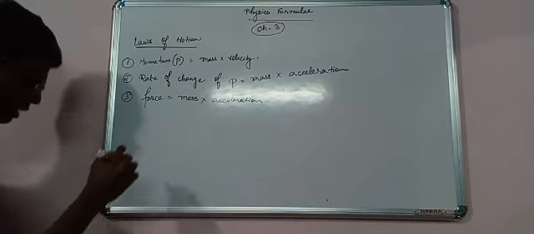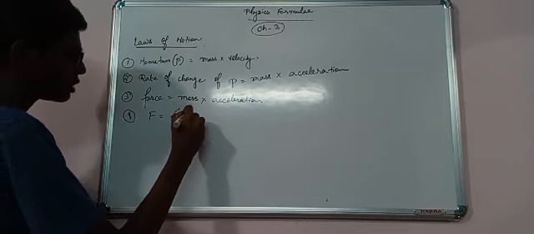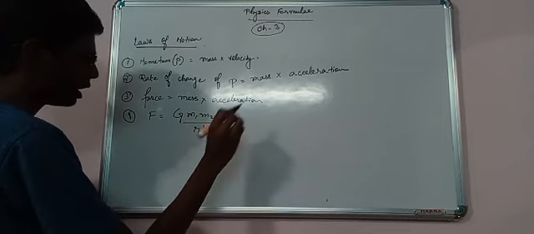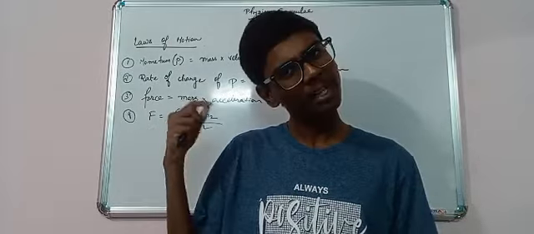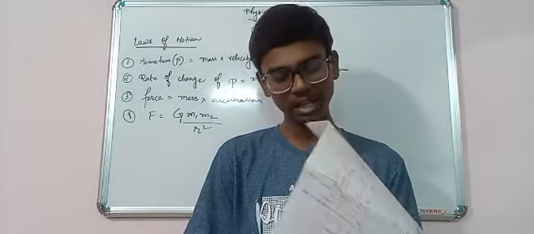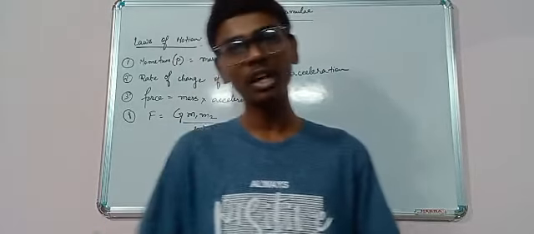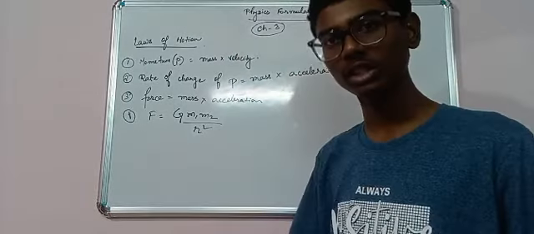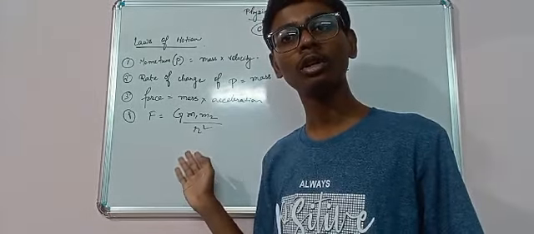Next formula: I will not explain a single word about this formula right now. It will confuse you badly and take away your interest from physics, because it is a little bit conceptual, and if I explain it in a minute, you will understand nothing and a fear will develop towards physics for the new ones who have just come to class 9.